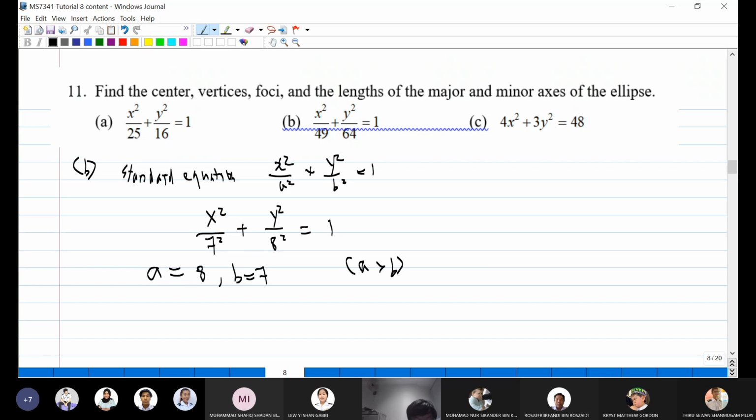Because a equals 8 is under y, right, this is a vertical ellipse.